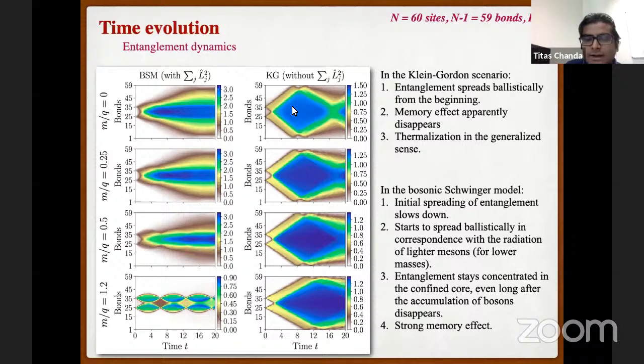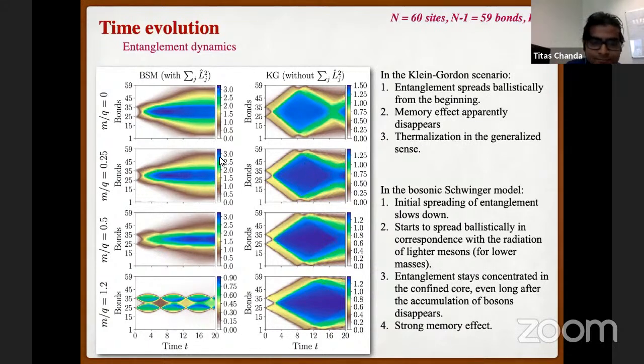In the Klein-Gordon scenario, from the very beginning, entanglement starts to spread ballistically, and apparently after some time, the memory effect disappears in the bulk. So we can say that the system can attain thermalization in the generalized sense. It will not be proper thermalization because it is an integrable model, so we can have a generalized Gibbs ensemble.